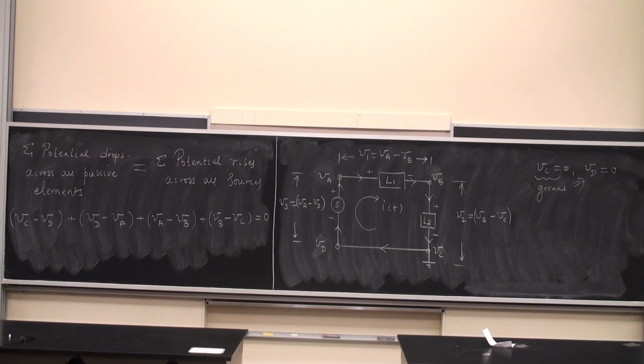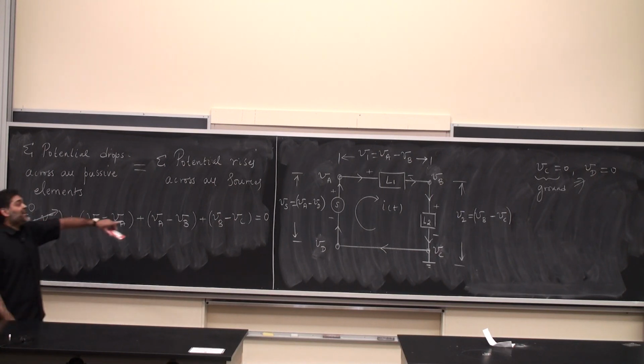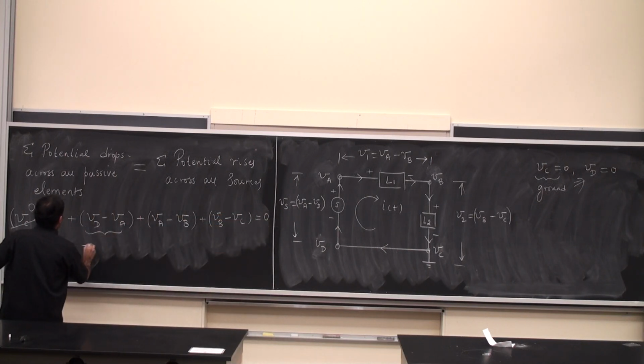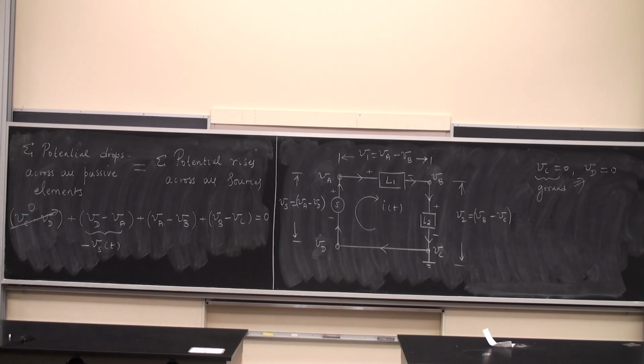So what do I do? Think. VC is 0, VD is 0, so get rid of this. V suffix D minus V suffix A is the negative of Vs. So I write this as minus Vs, a function of time, let's say.